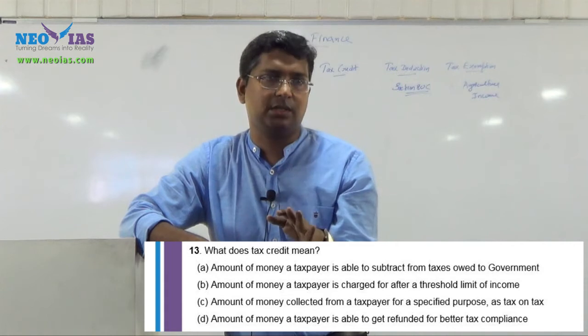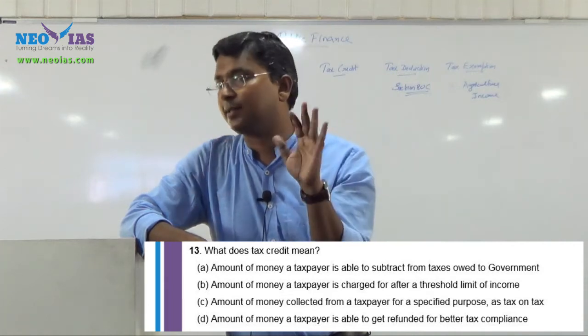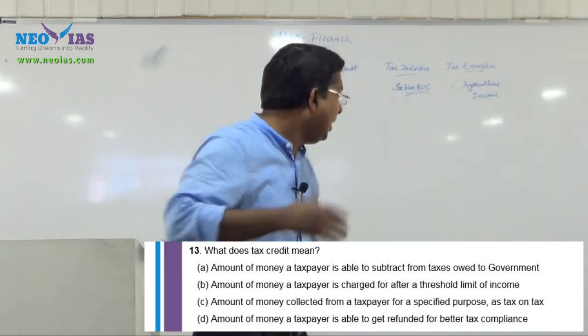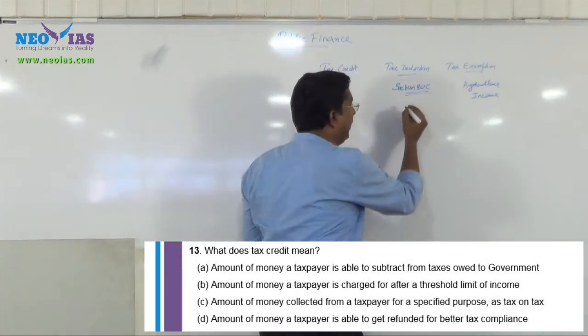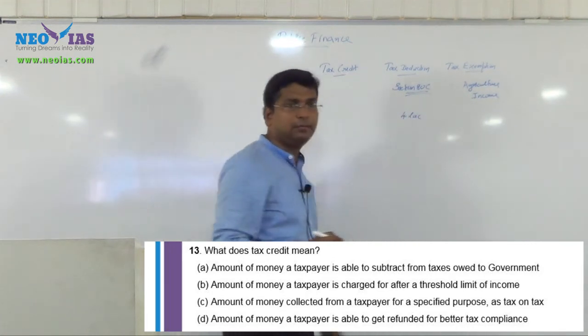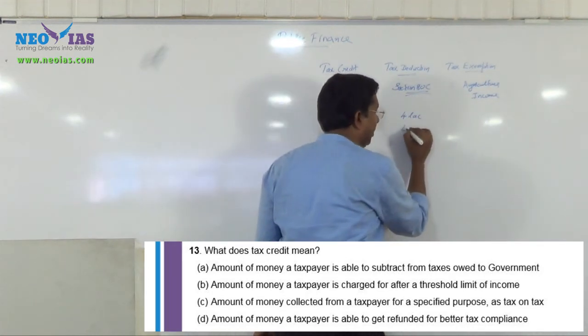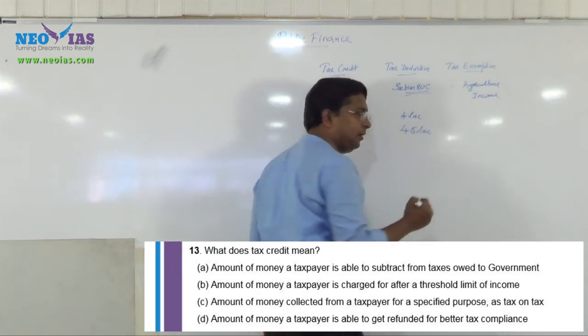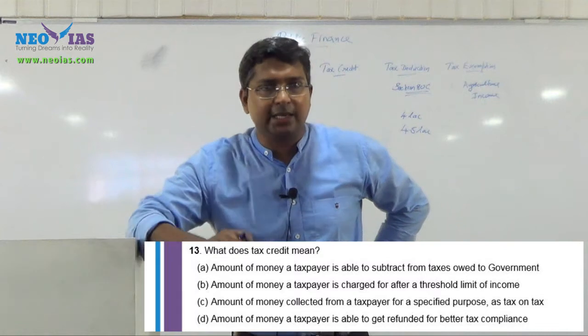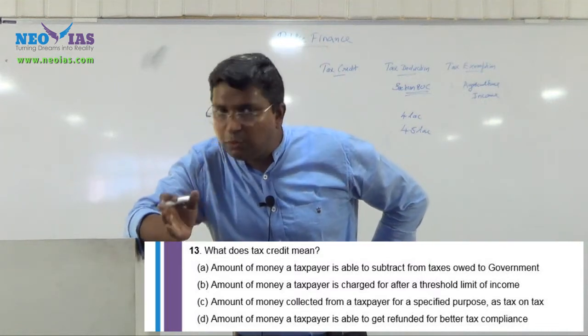But it says that if you invest in instruments like insurance or saving instruments, 1.5 lakh is tax deducted. So if your income is 4.5 lakh, what you can do is: 2.5 lakh you need not pay tax on, and the rest 2 lakh you have to pay tax on.